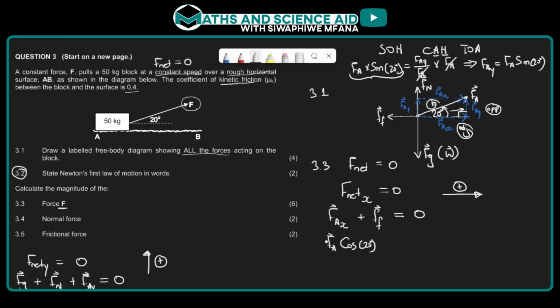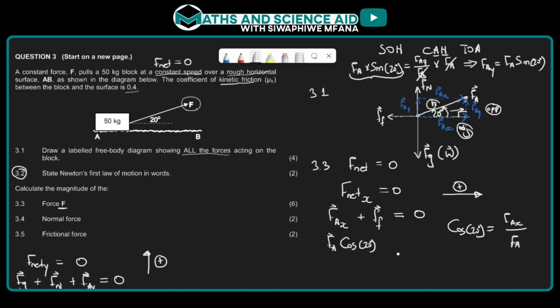But now this is just a quick way of writing Fa of x in terms of Fa without starting by writing that cosine of 20 degrees is adjacent over hypotenuse. So adjacent is Fa of x divided by the hypotenuse, which is Fa.